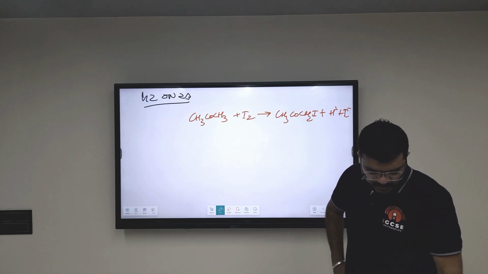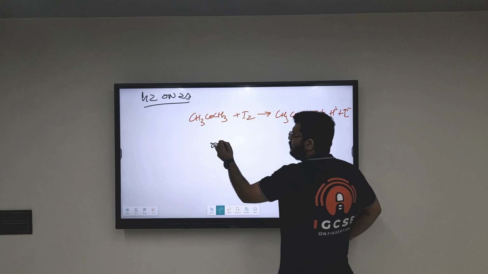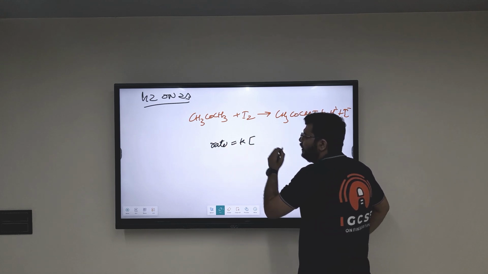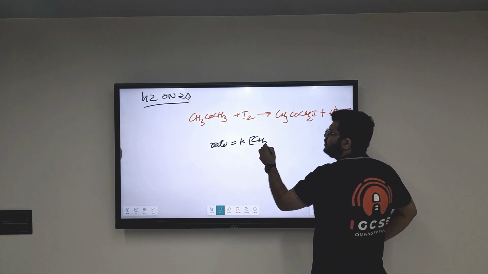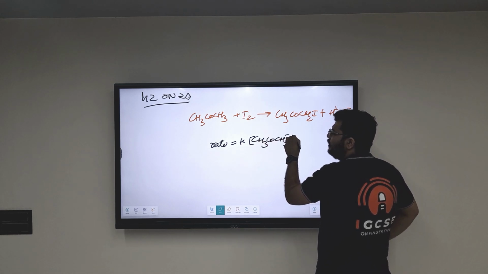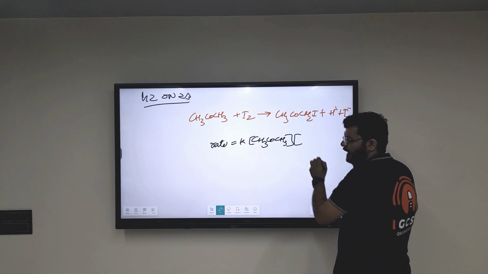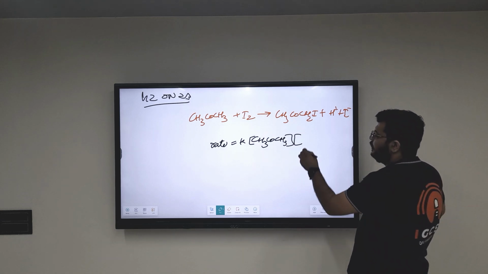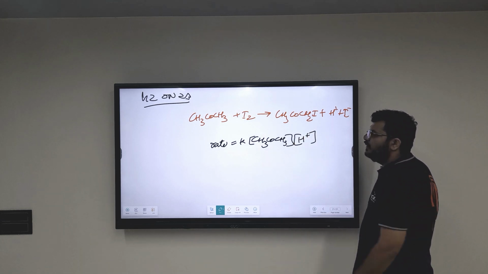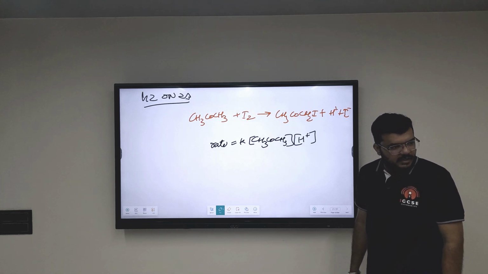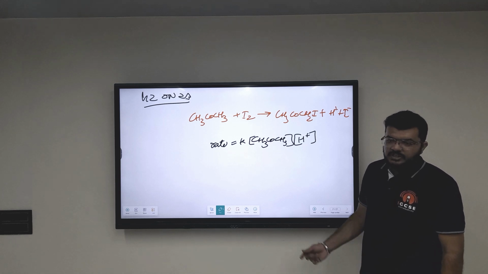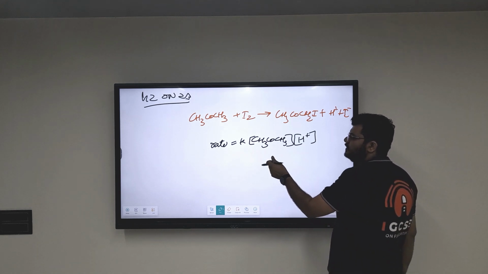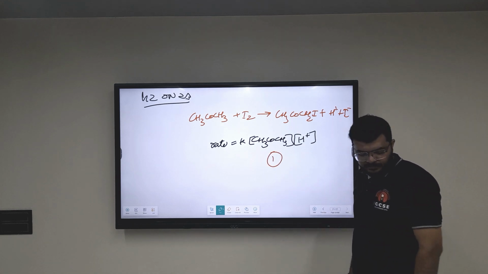In this situation, they have said that the rate equation is equal to k into the concentration of CH3COCH3 raised to power 1 and H plus raised to power 1. Next question they have asked: order of the reaction with respect to CH3COCH3, your answer should have been 1.